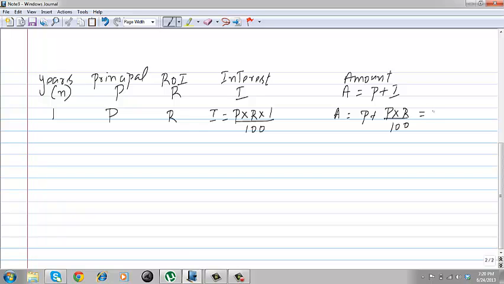I can write it as P into 1 plus R upon 100 when I take this term outside. Now, at the beginning of year 2, the new principal would be what we have calculated here. So the principal for year 2, P2, would be P into 1 plus R upon 100.